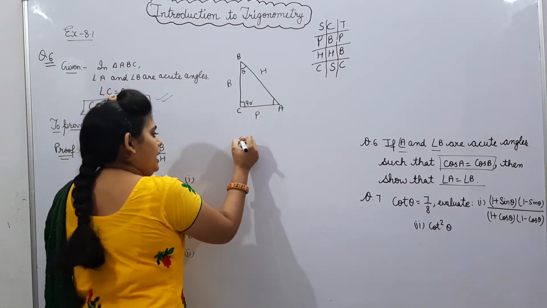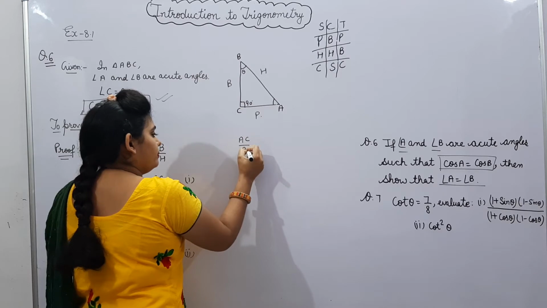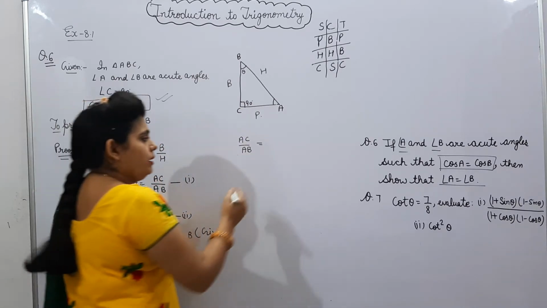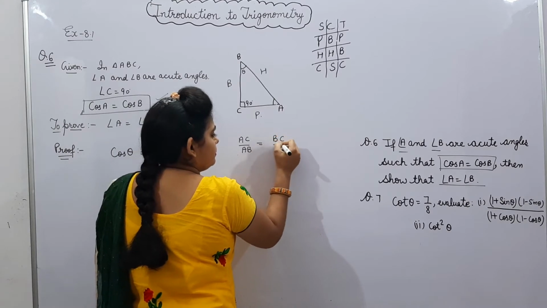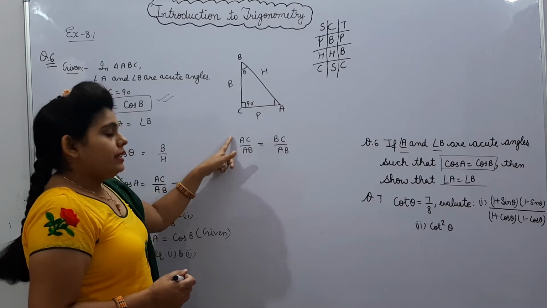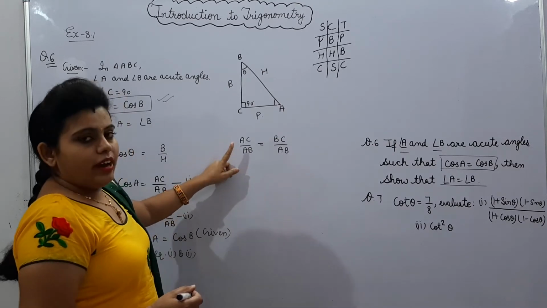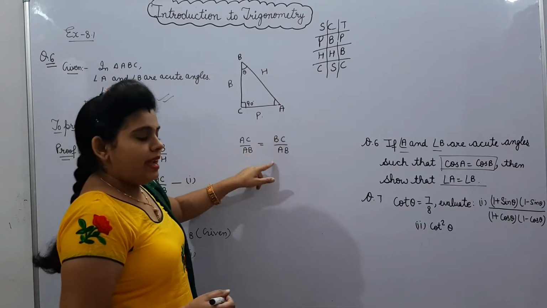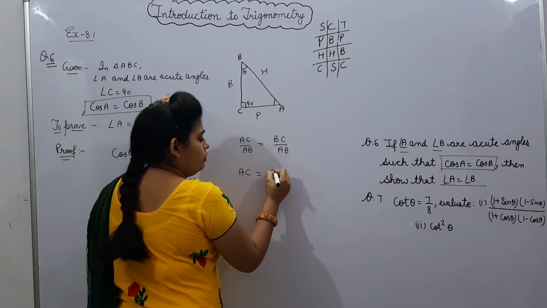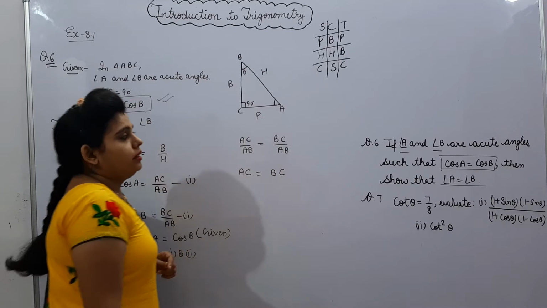AC divided by AB, and it is equal to BC divided by AB. Yes, beta, if AC divided by AB is equal to BC by AB, then AC is equal to BC.